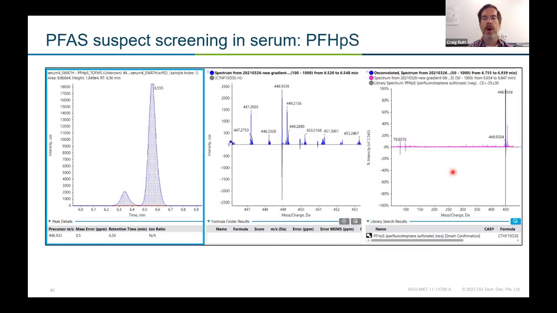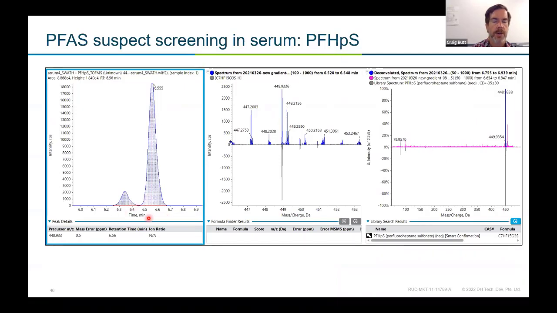Okay, all right, and so another one. This is actually not one that would be on a lot of monitoring lists. We often monitor the hexane sulfonic acid, which is the C6, and the C8 sulfonic acid, PFOS. In this case, this is the detection of the C7, heptane sulfonic acid.